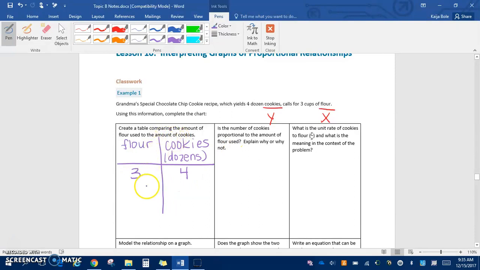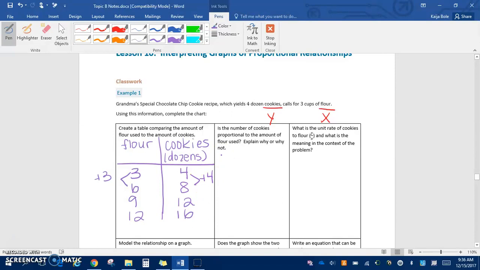So now if we were to put in a few more values in here, for 6 cups of flour, they would get 8 dozen cookies. For 9 cups of flour, they would get 12 dozen cookies. And we'll do one more. For 12 cups of flour, they'd get 16 dozen cookies. So for the flour column, you see here that we are adding 3 every time. And for the cookie column, we are adding 4 every time.